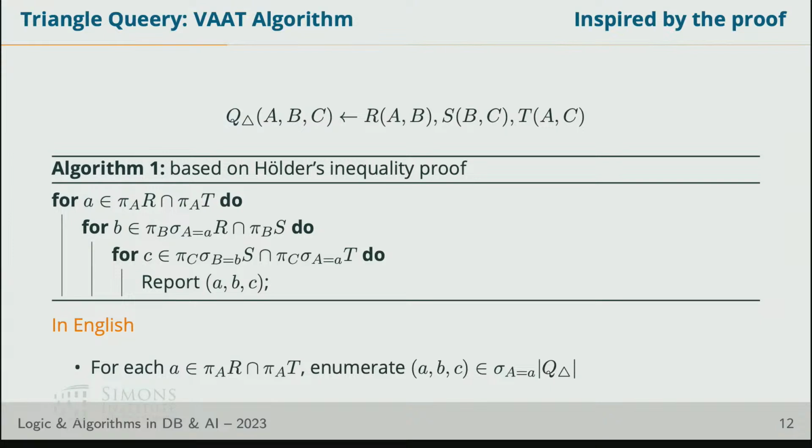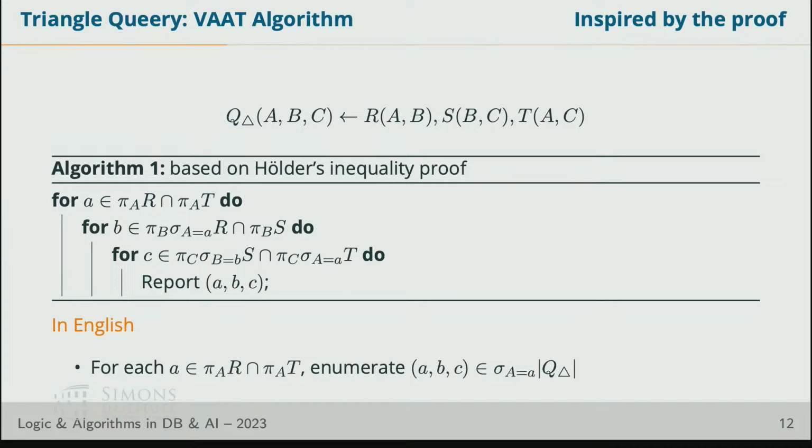Anyway, so what we do is we iterate over all a's in common between r and t, and then iterate over all b's, iterate over all c's, conditioned on that a. So it's like a conditional search algorithm or a backtracking search. Condition on a, look for the b. Condition on a and b, look for the c. So it's just backtracking search.